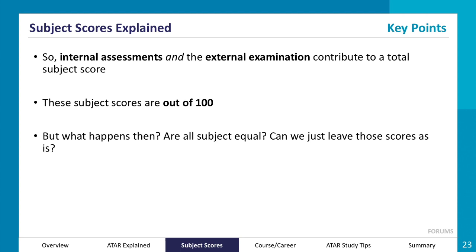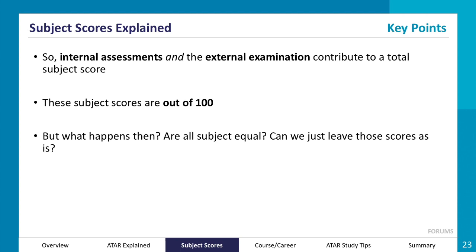So again, key points here, both internal assessments and external assessments matter, at least for general subjects. In other states, and what will definitely be the case in Queensland as well, you'll hear different things from different students or tutors. Things like, don't worry about internal assessments, it's all about the external exam.